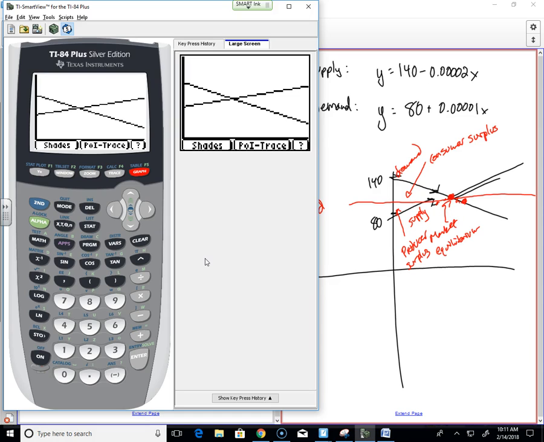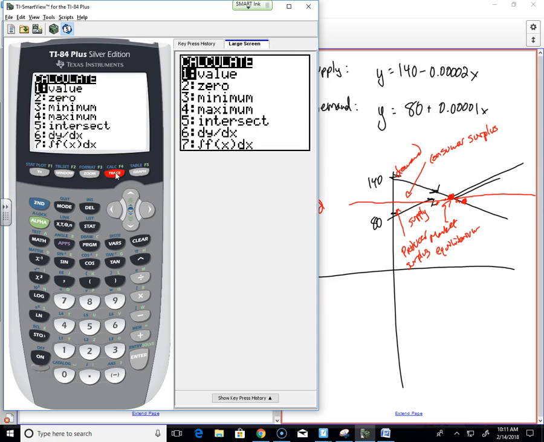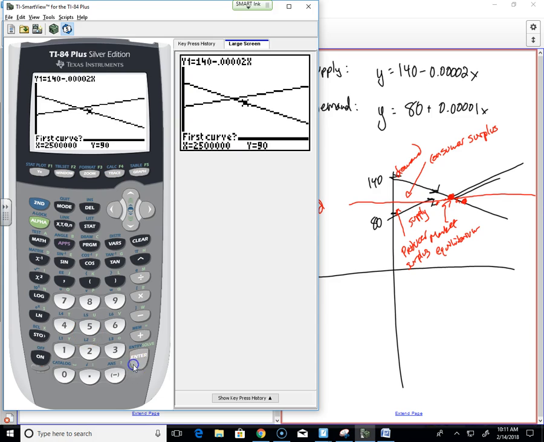Can we find the intersection point? Yeah, we can. We can go to second, trace, and number 5, intersect. First curve, second curve, guess. The intersection point is at, let's see, x is 2 million, but y is only 100, so y equals 100 is our line going through our equilibrium.